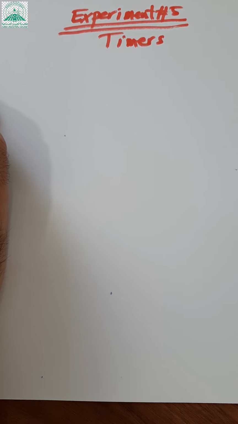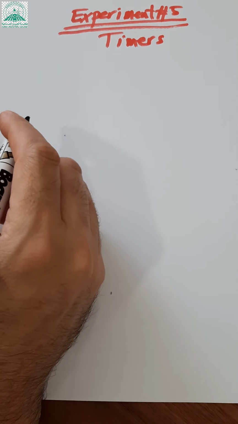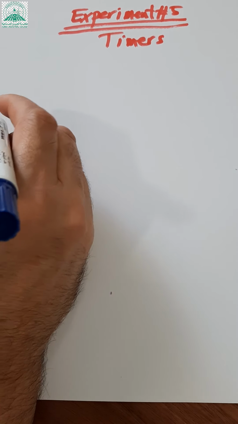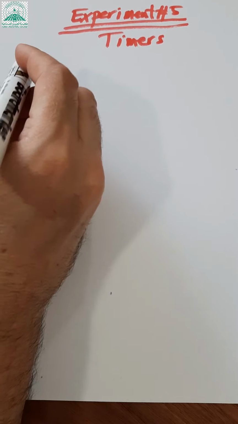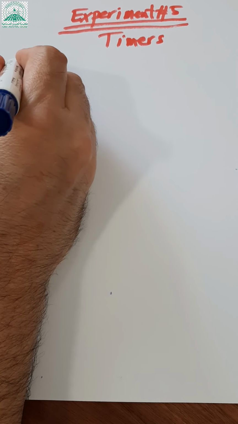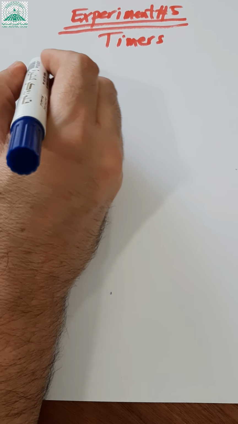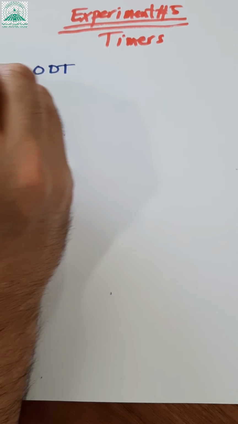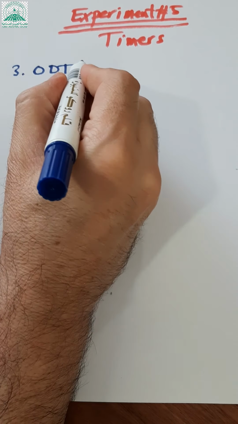In that experiment we covered two types of timers, and you know that Siemens PLC has 5 types of timers, so we have covered 2. We have to cover the other 3 types. We will begin with type number 3, which is the ODT timer, the on delay timer.